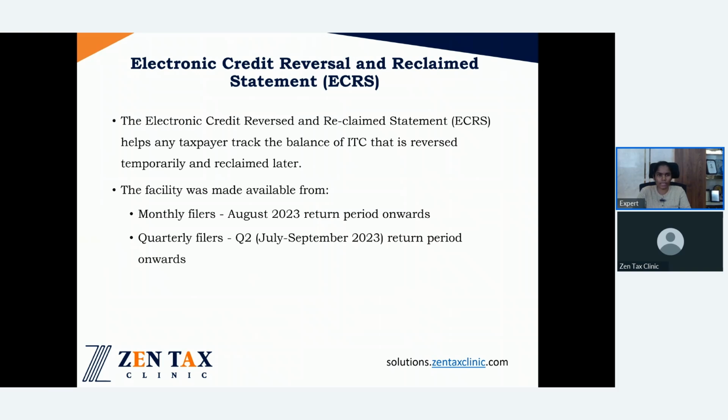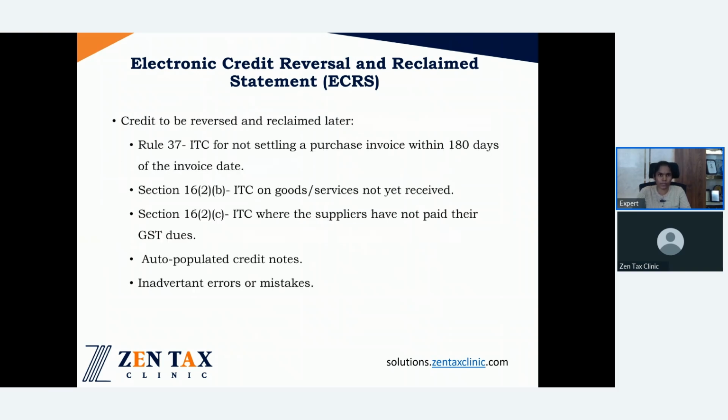Now, what could be the situations where the credit needs to be reversed and reclaimed later? As given on the screen, as per Rule 37, the recipient or buyer of goods or services has not settled the purchase invoice amount to the supplier within 180 days of the invoice date.